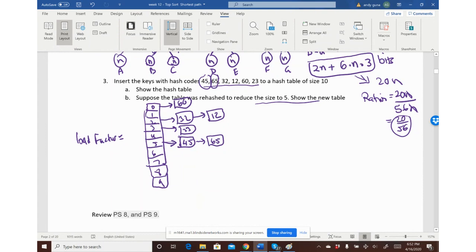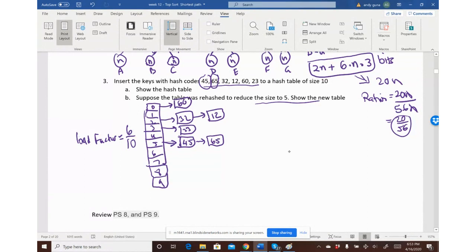So the hash codes are 65, 45, and so on, and we don't know how we got those things. Let's assume that you have hash codes, but you always have to mod with the table size. So what's the size of the table? It's 6 keys and 10 spaces, so it's 0.6. Okay. So that's the load factor for this.